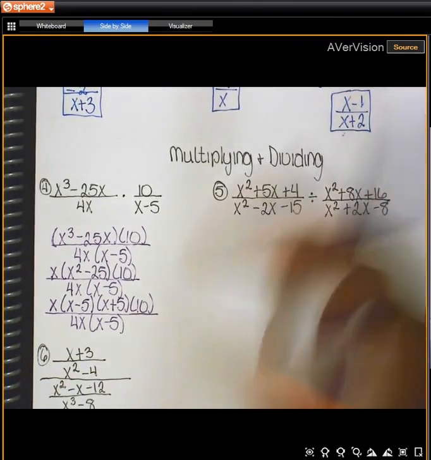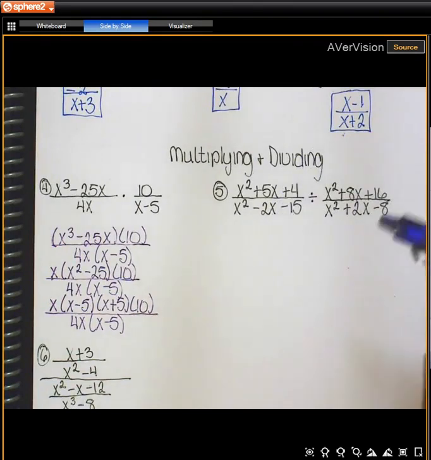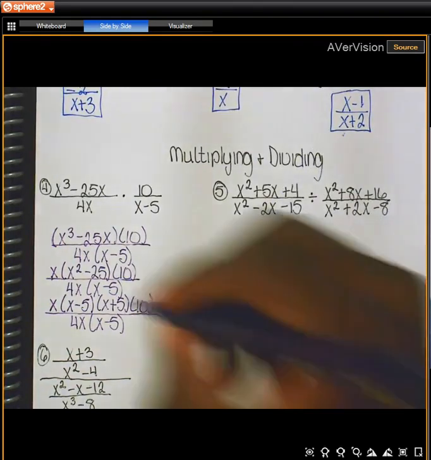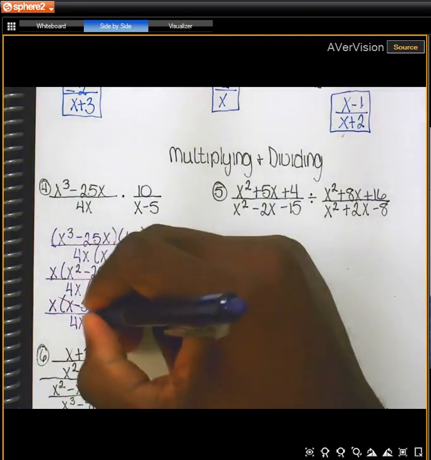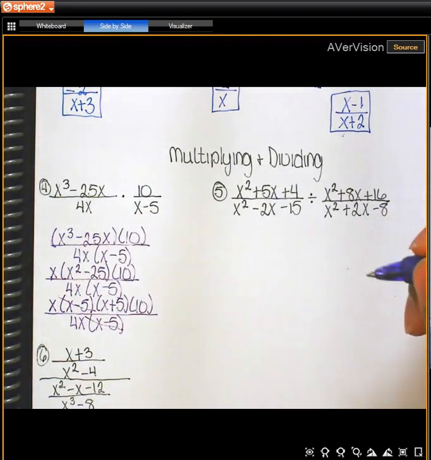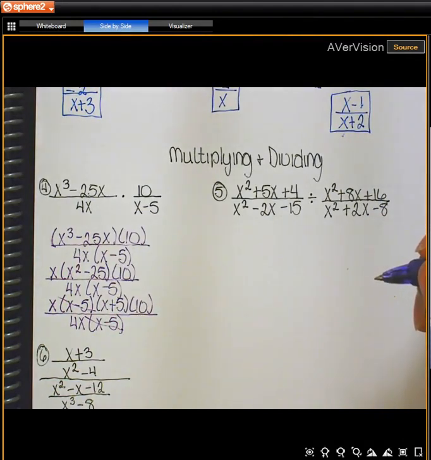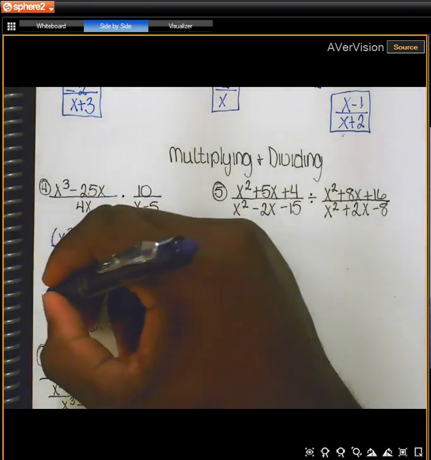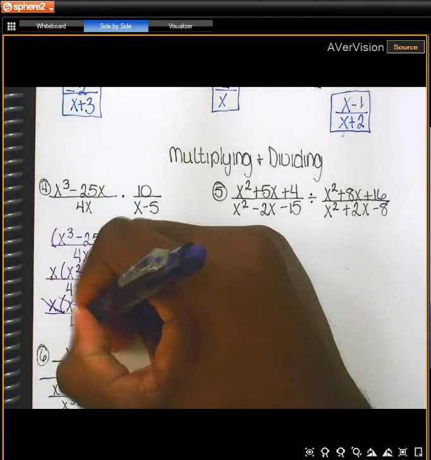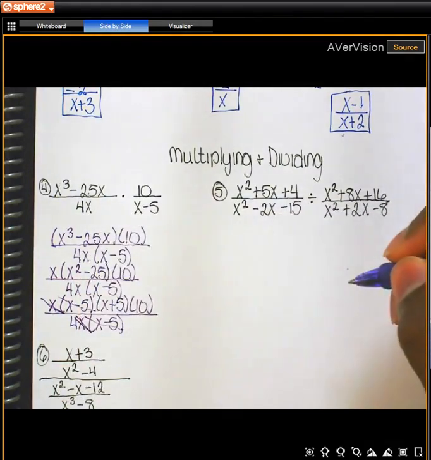So can we simplify this one? Is there anything we can cross out? Yep, we have x minus 5 up here, x minus 5 down here. What else? Yes, we can cancel out this x with this x. What else?